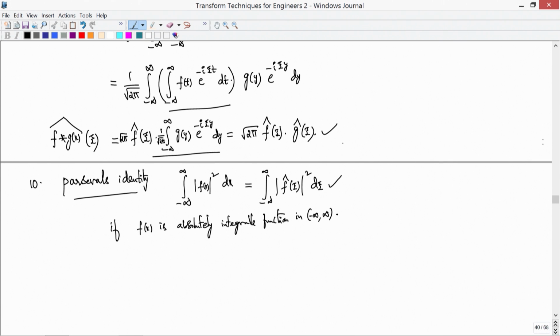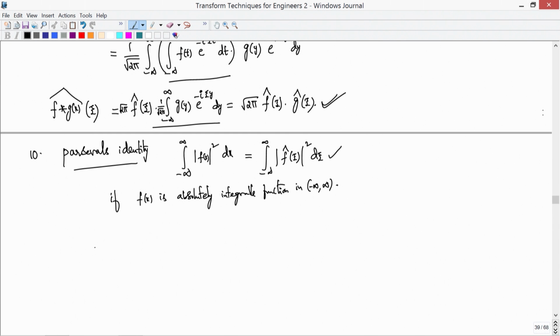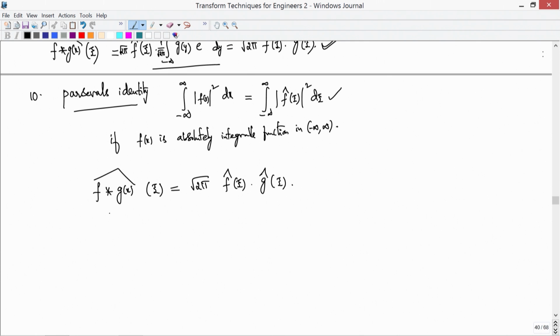It is a byproduct of the earlier property. From the earlier property you can easily see that if you just write it down, you get what you want. This is exactly root 2 pi f cap of xi into g cap of xi. Now, what you do is you take the inverse transform of this.